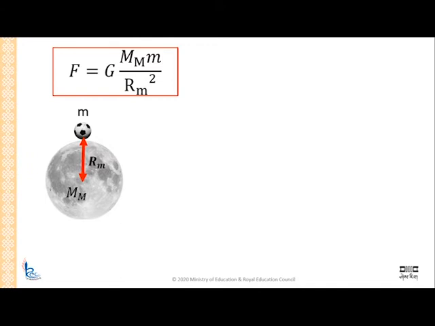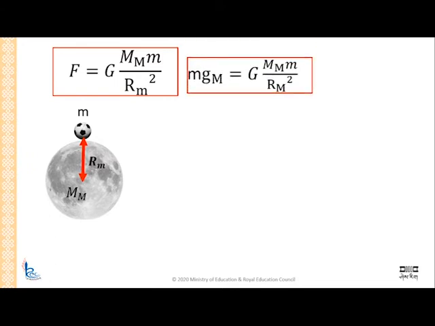So here M_m represents the mass of the moon and m represents the mass of an object separated by distance R_m. So here R_m is the radius of the moon, and the above equation gives the relation between the force of attraction between the mass of the moon and the object.